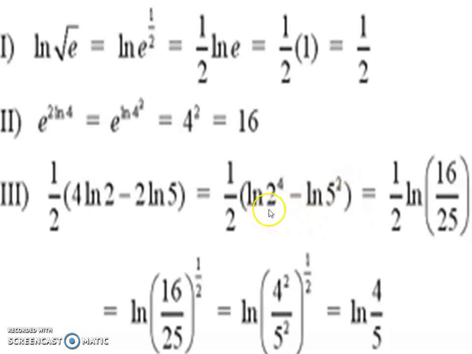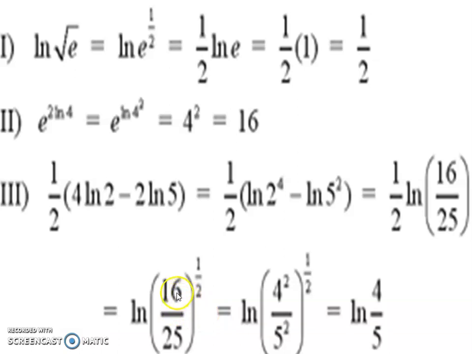We know that ln m minus ln n is ln m upon n, and 1 upon 2 remains the same. Now again we have ln multiplied by 1 upon 2, but we need a single ln. So we convert the 1 upon 2 to the index of these numbers, in the form of a quotient. In the law of indices, a upon b raised to m upon n applies to a raised to m upon n and b raised to m upon n.